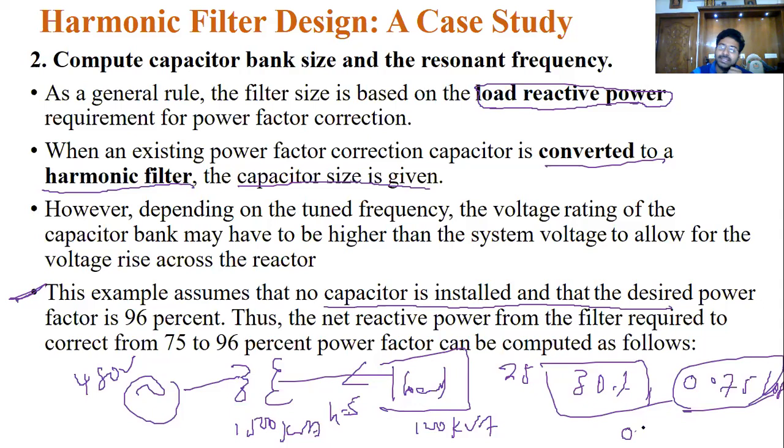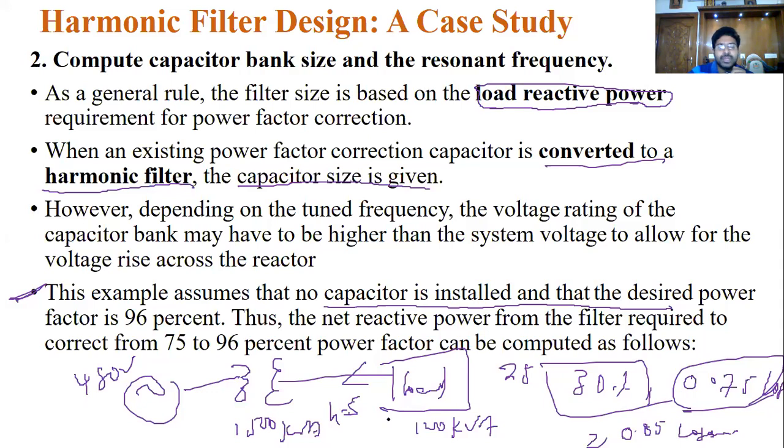You are expecting greater than or equal to 0.85 lagging, which is preferable, a somewhat better power factor. But 0.75 is very poor because of the harmonic currents. If the current value changes, obviously the voltage value changes, so the power factor changes. You know the power factor definition: the cosine of the angle between the voltage and current.